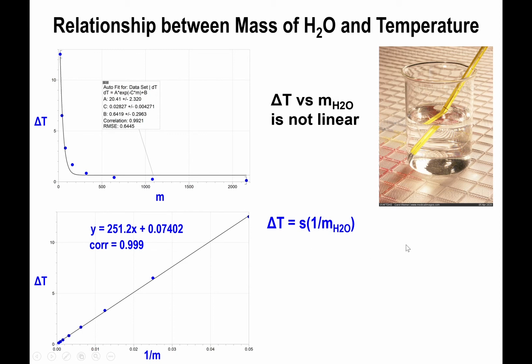So what I'm going to do is solve for the slope. And that means that I will multiply both sides by the mass of water. Now we have mass of water multiplied by the change in temperature of the water equaling the slope of the line.